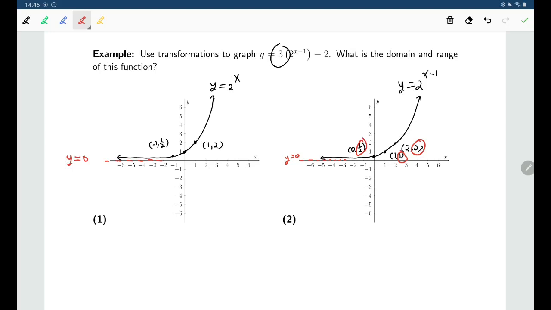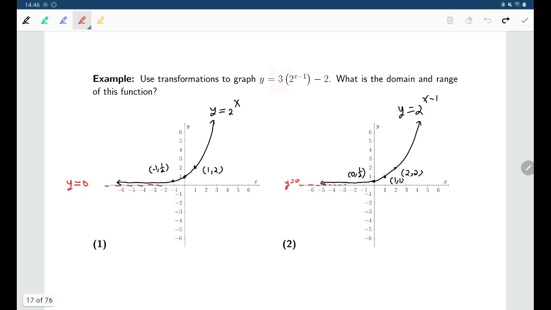If we're thinking about things that would affect the horizontal asymptote, you'll notice that our first move didn't affect the horizontal asymptote, and that's because if you take this horizontal asymptote and shift it to the left or shift it to the right, it's a horizontal line still of y equals 0. Shift that line to the left, it's still y equals 0. The only thing that will change the location of our horizontal asymptote will actually be when we shift our graph up or down.